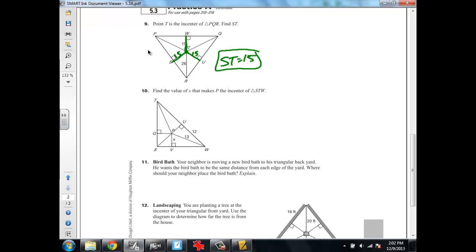Number 10. Find the value of x that makes P the incenter. So if P is my incenter, I know that this distance and this distance and this distance are all the same. Draw it in with your pencil so you see what distances have to be the same. Do you have any numbers for any of those three? No. So look at what we have. Here's a 12.